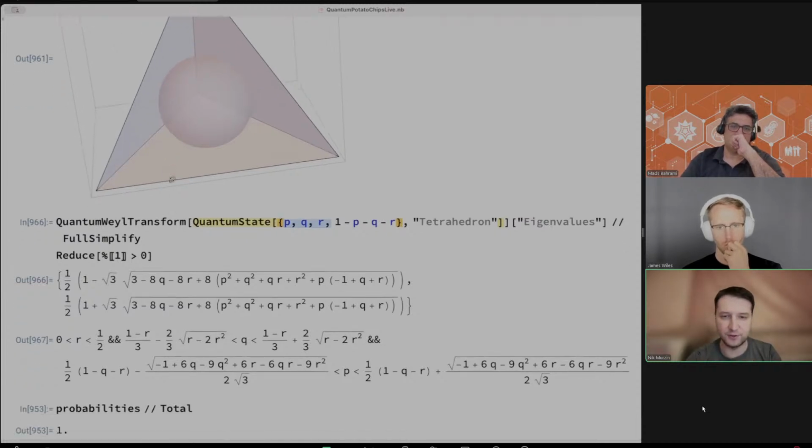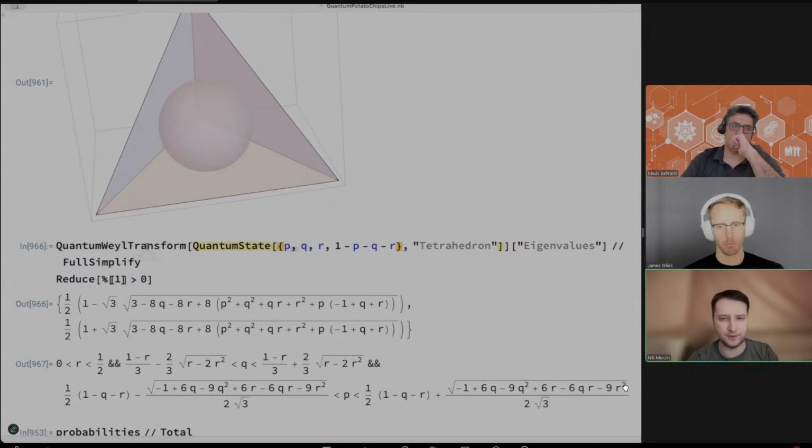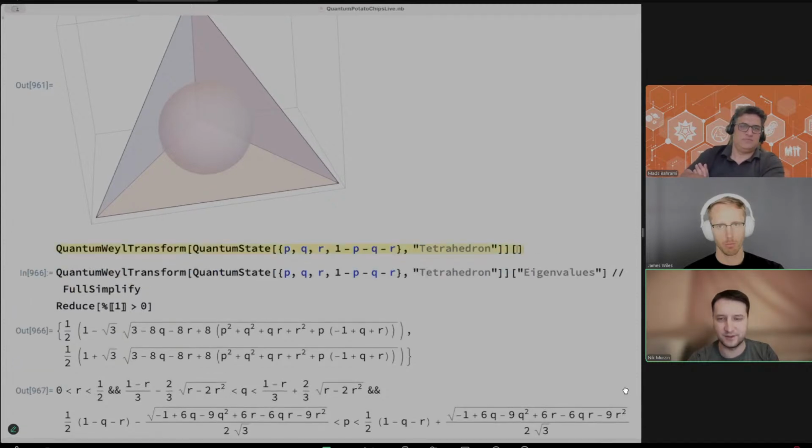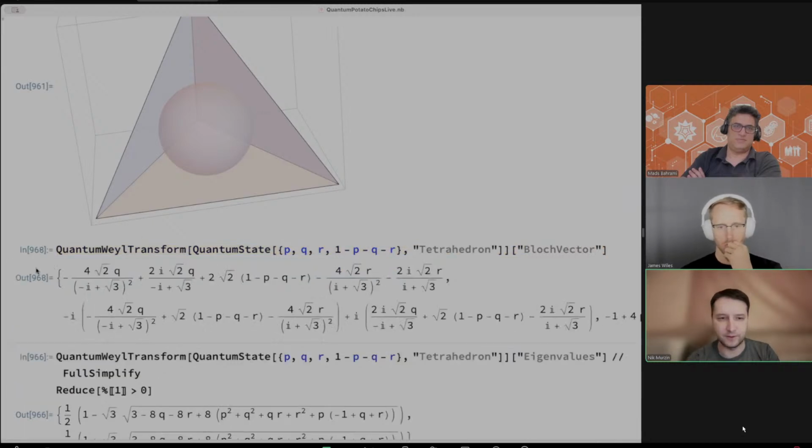But if you convert these probabilities into 3D coordinates, you're going to see the constraint forms an actual sphere. The way you can do it is with a rotation, or we can just compute the Bloch vector here, which is just x, y, z, right?